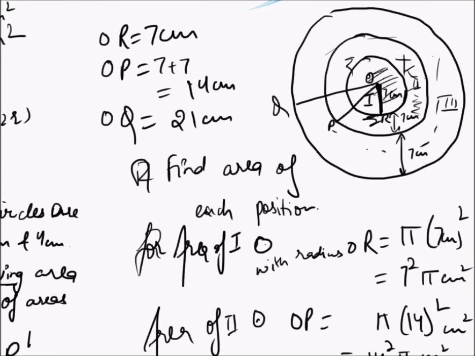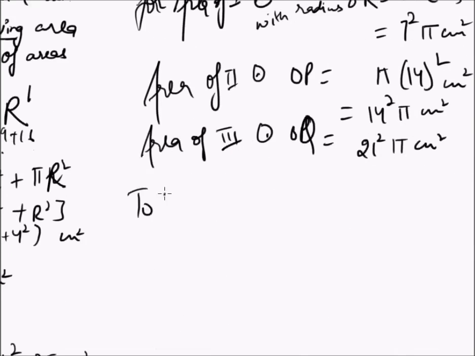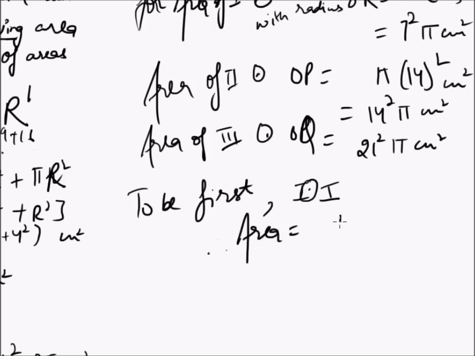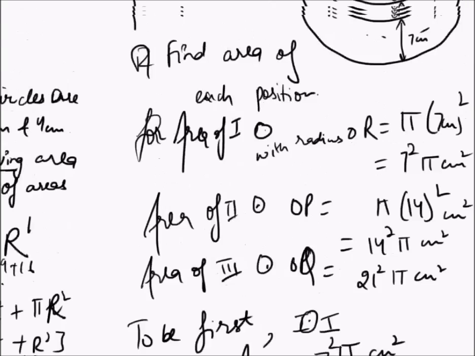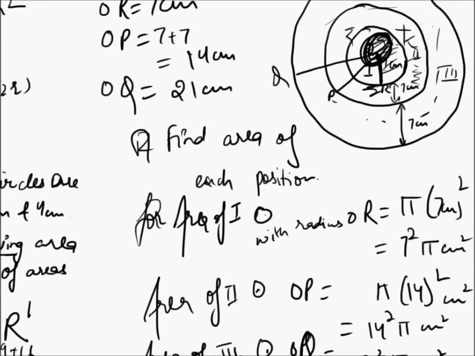Now, to be first, the ball should land in the area in circle 1. Therefore, the area is simply 7 square pi centimeter square, because this is the first position.